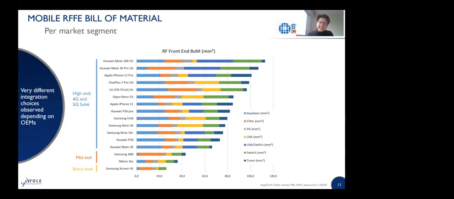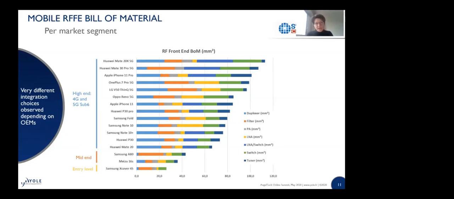What we will see is that the integration choices really depend on the OEM. They are very different from one company to the other and from one model to the other. What we do see is the Huawei bill of material really increased strongly since the Mate 20 that you will see here with 66 square millimeters for the RF front end. Since then, for the 5G version, a lot of bands have been included, 4x4 MIMO with discrete implementation compared to modules. So we do see that the 5G implementation definitely increases the bill of material for the various phones.